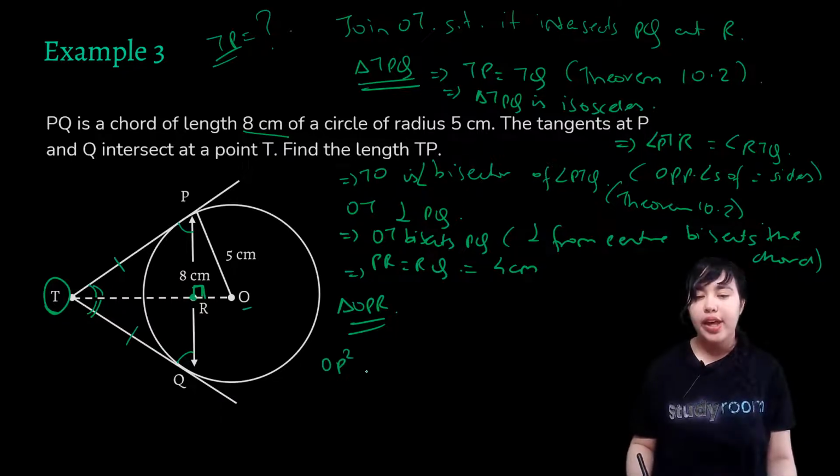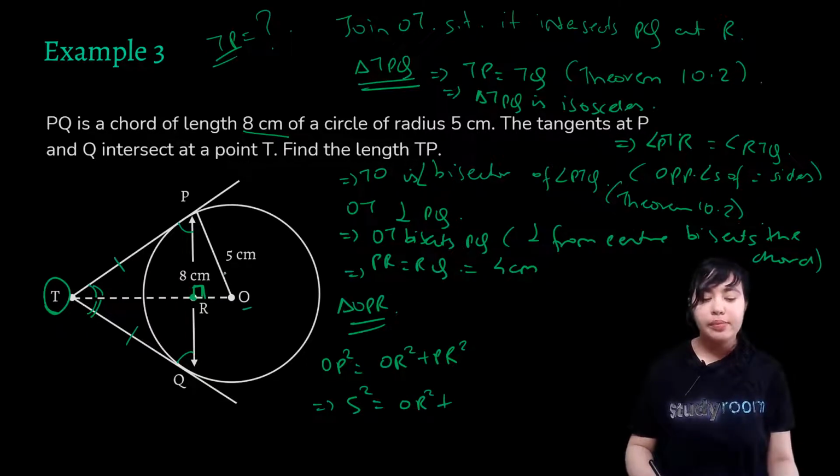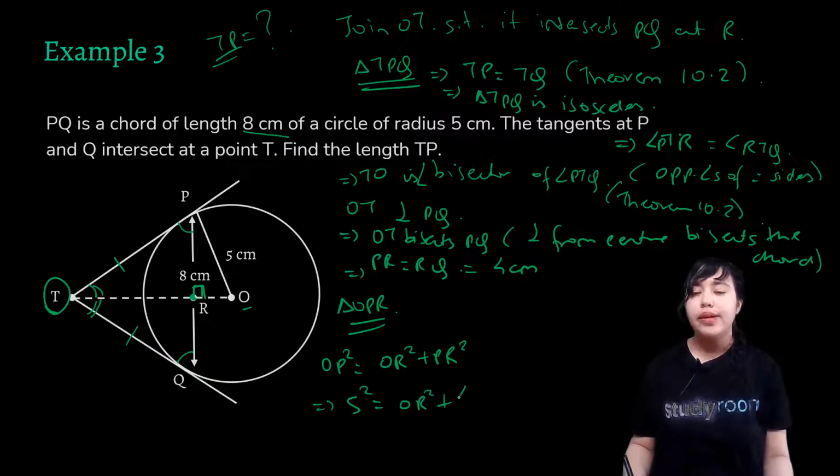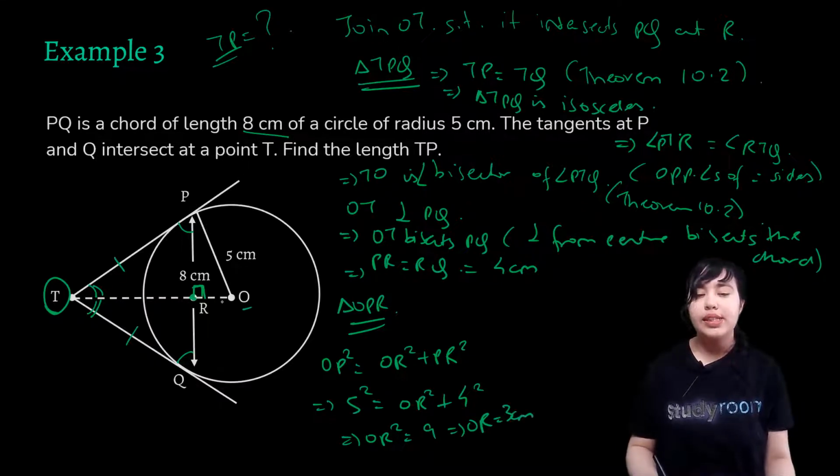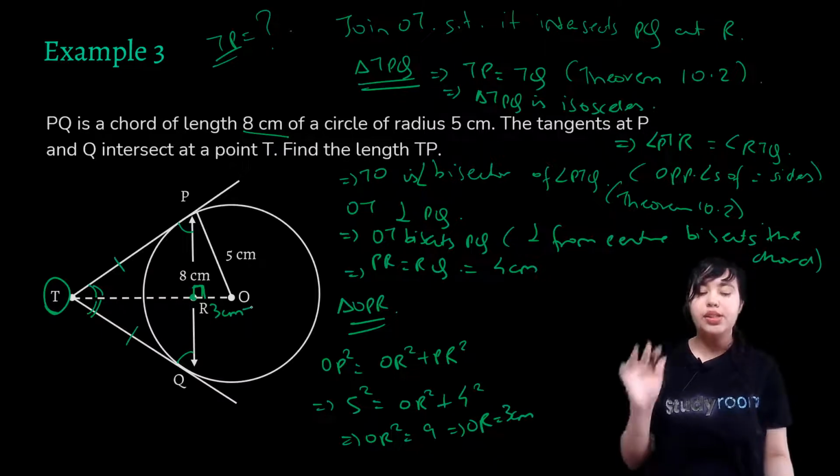So we can say OP square is equal to OR square plus PR square. Do we know OP? We do, so it will be 5 square. OR is what we don't know, plus PR square. PR became 4, so it will become 4 square. So OR square becomes 25 minus 16, which is 9. If you take the square root on both sides, OR becomes 3 centimeters. So this is 3 centimeters right now.